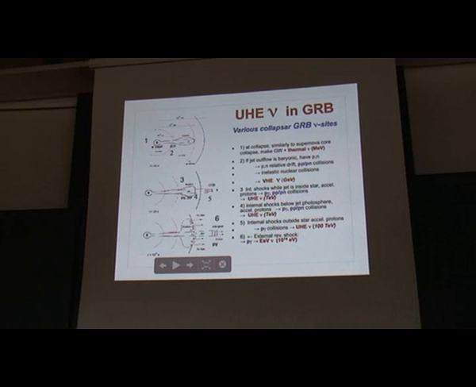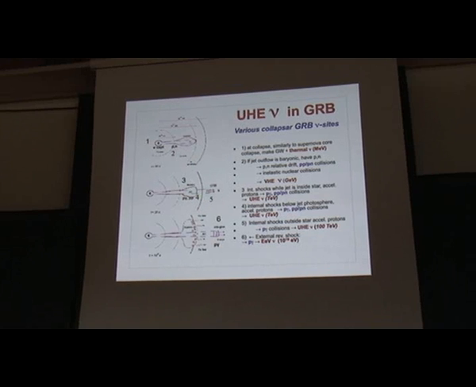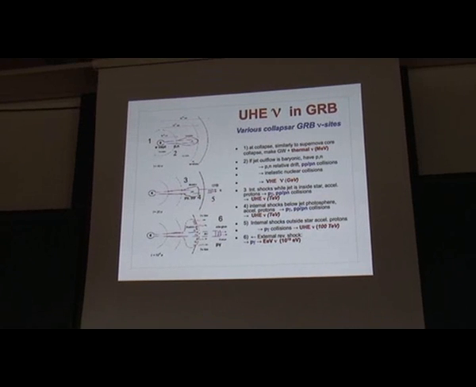And so the various situations where you expect to see these neutrinos are, as the shock is propagating through the star, you can have inelastic collisions from the decoupling of neutrons and protons in the outflow. Then you can have shocks while the jet is still inside the star, accelerating protons. Those neutrinos would escape as a neutrino precursor. And then when the internal shocks or external shocks happen, the protons can get accelerated there, and you get neutrinos simultaneously with the gamma rays.